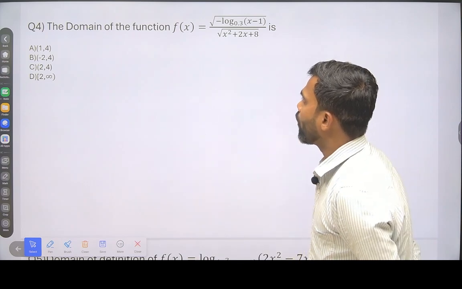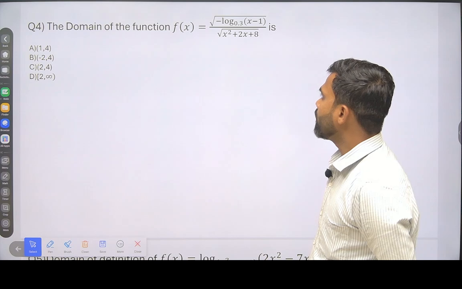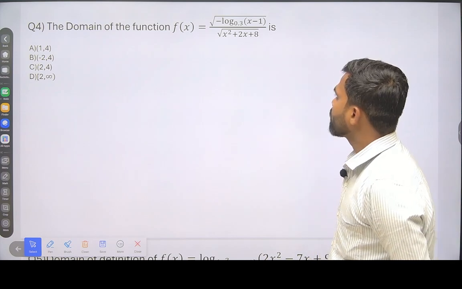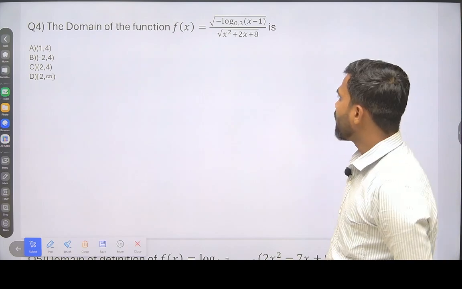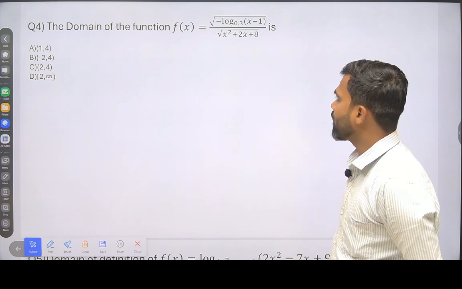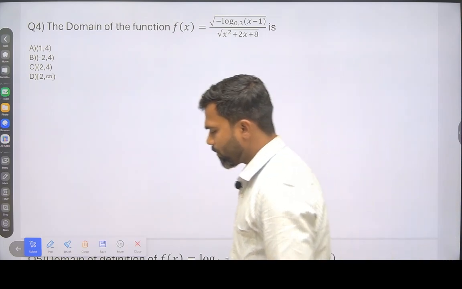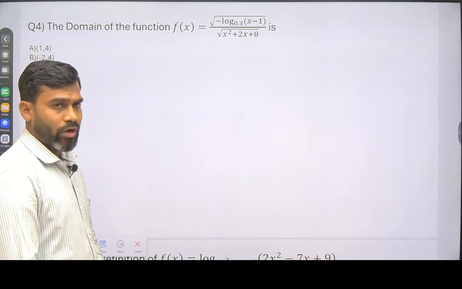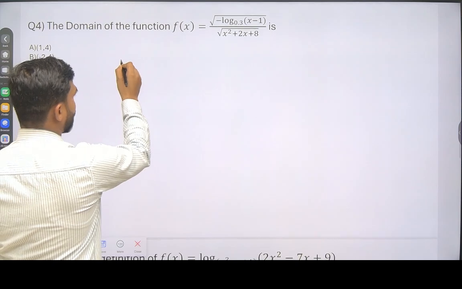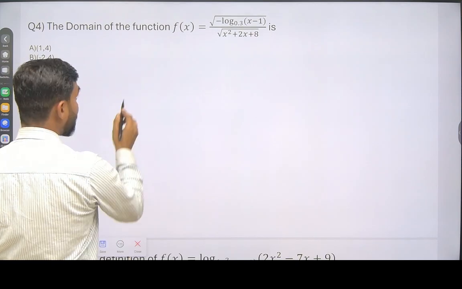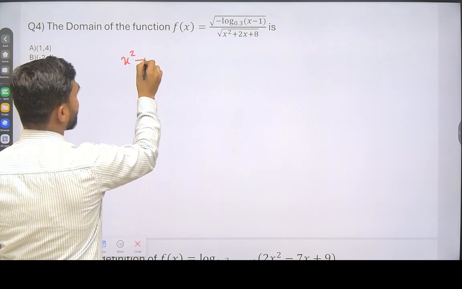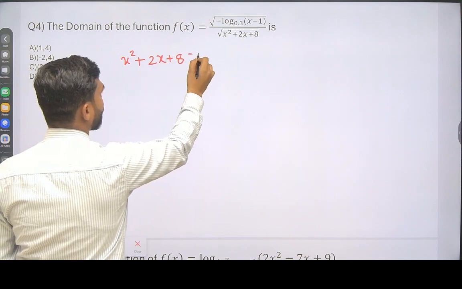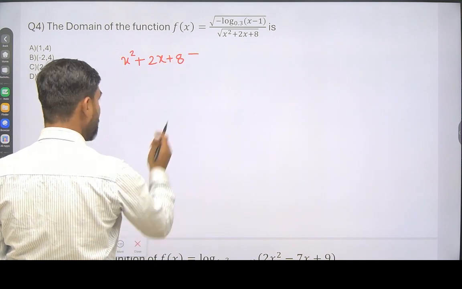See, we have to find the domain of the function f of x equal to the square root of minus log of x minus 1 to the base 0.3, divided by the square root of x square plus 2x plus 8, right? So first of all, let us see whether the denominator can ever become 0 or not. In the denominator we have x square plus 2x plus 8.